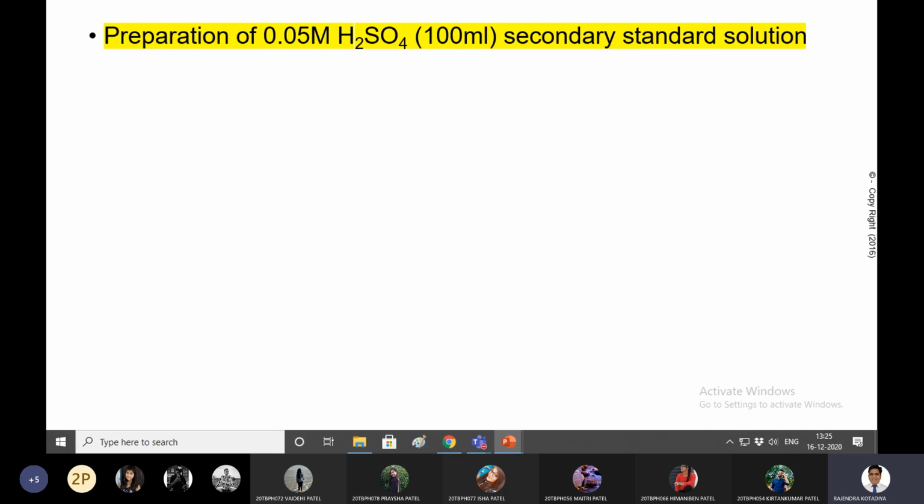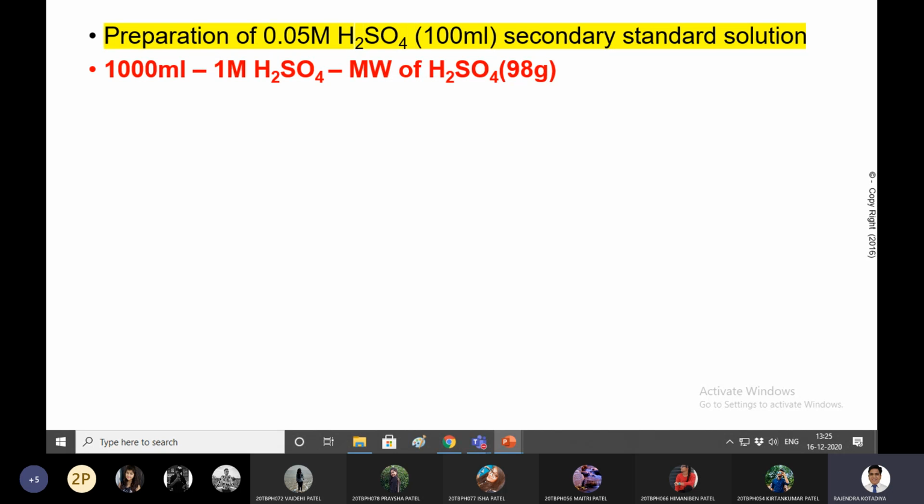Any time you are asked to prepare a molar or normal solution, you are supposed to know its molecular weight. For H2SO4 it is 98 gram. When you dissolve 98 gram in 1000 ml, that solution is 1 molar.